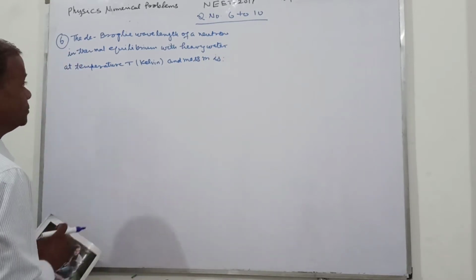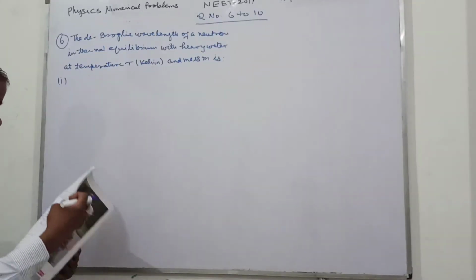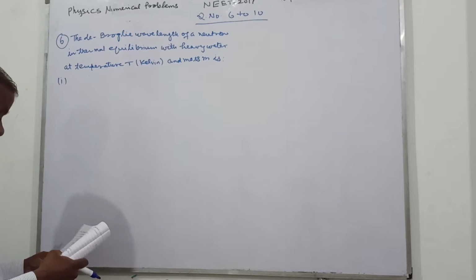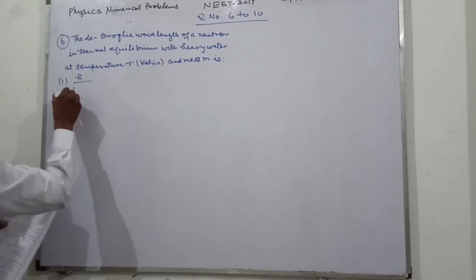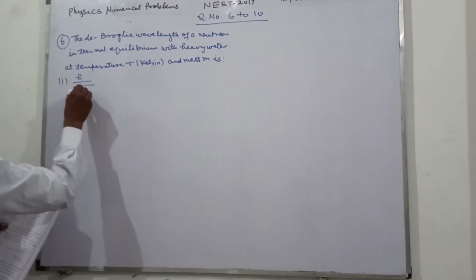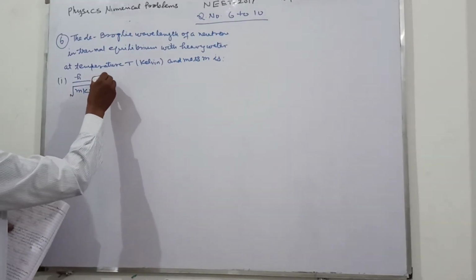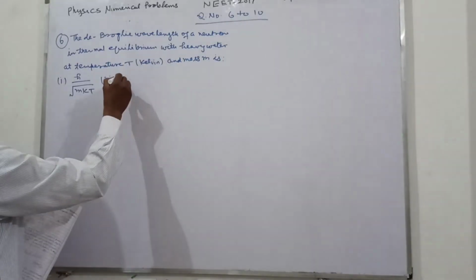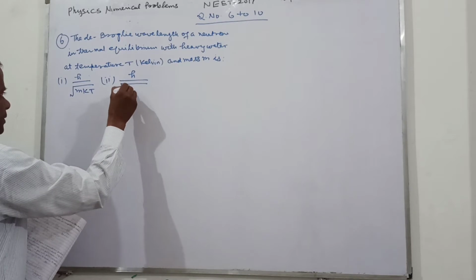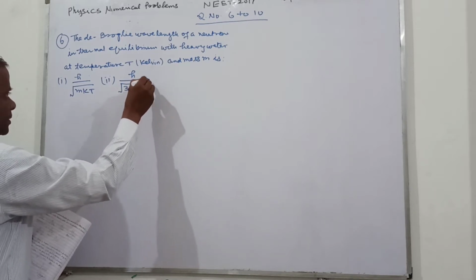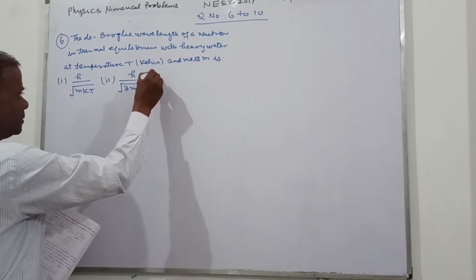Now the options. First option is h upon square root of mkT. Second, h upon square root of 3mkT.